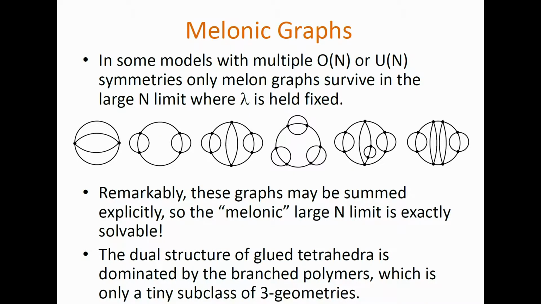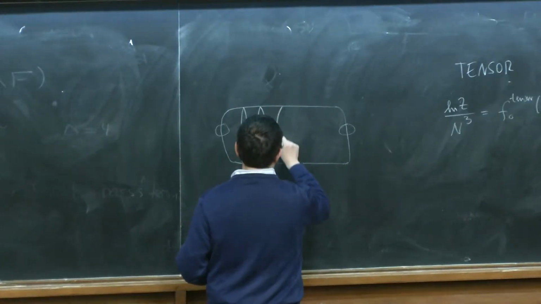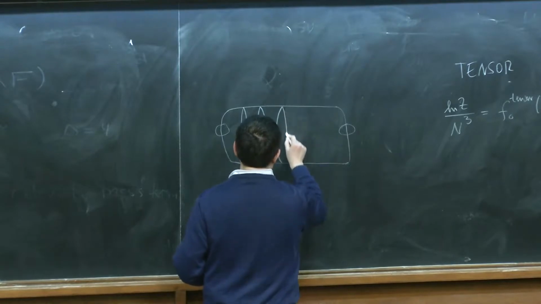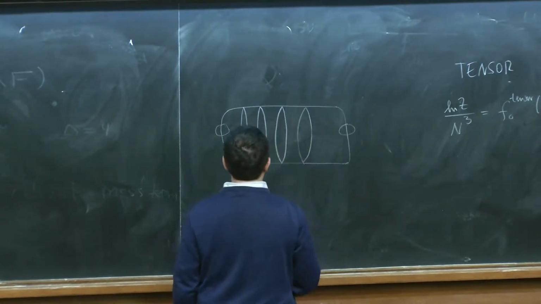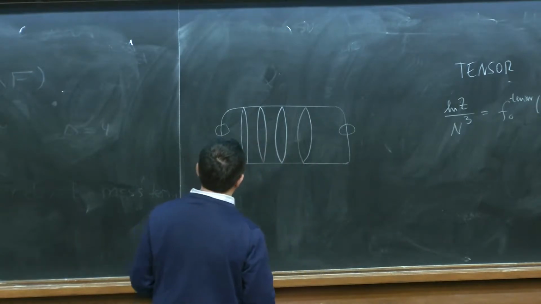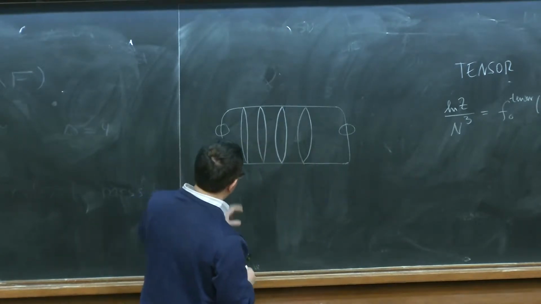Okay. And here you have these insertions. So it may not be immediately obvious to you why these are all melons, but these are a bit like melons inside melons.